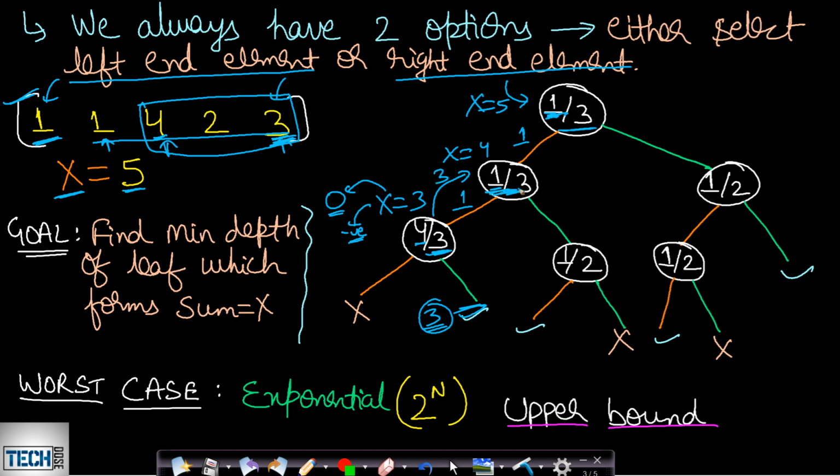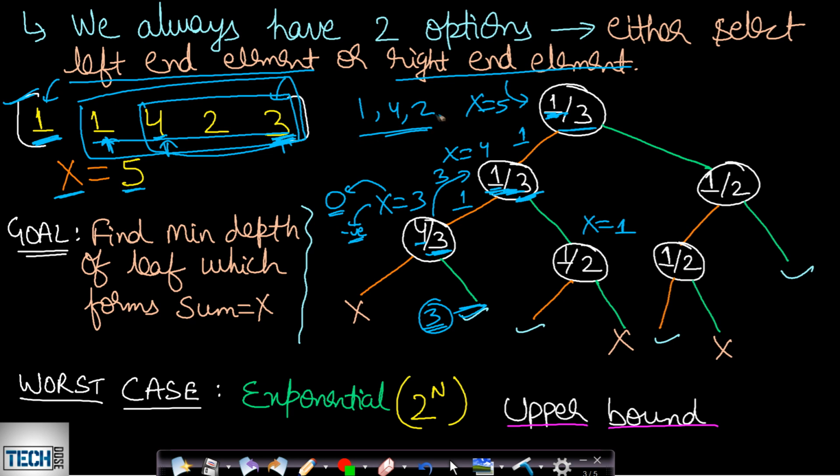Okay. Now, since you had tried to select this one from the left hand side, you have another option of selecting this 3. Okay. So you had initially selected 1, and now if you are taking this subarray, left end is 1, right end is 3. If you select this 3, the next value here will be equal to 1. Okay. So 3 is gone, and now your array is 1, 4, 2.